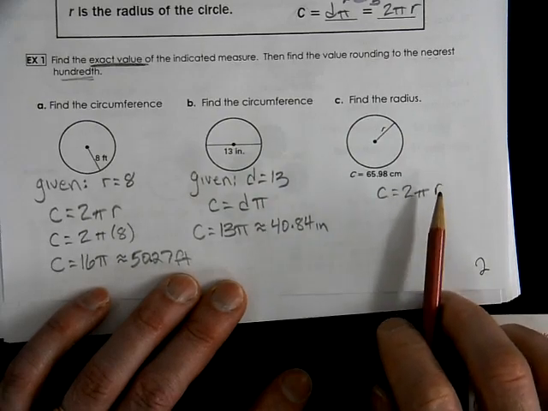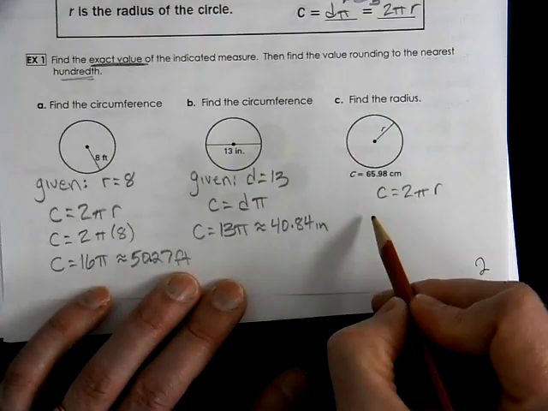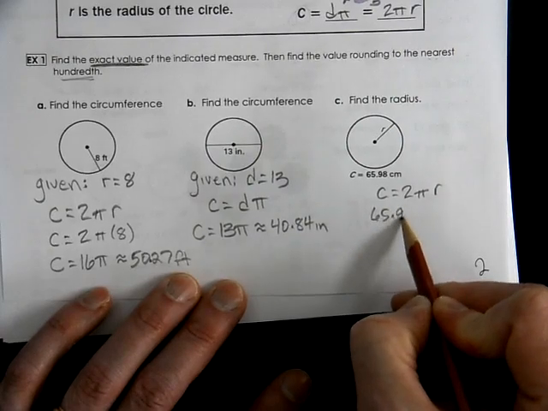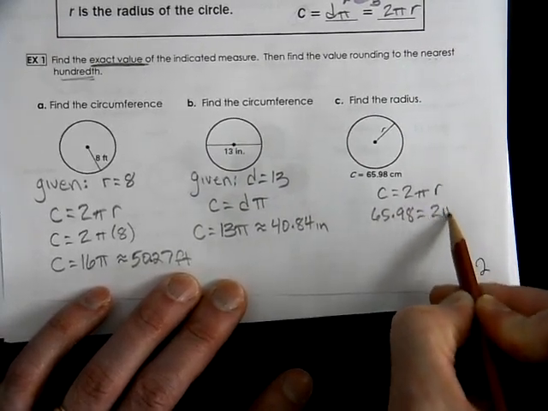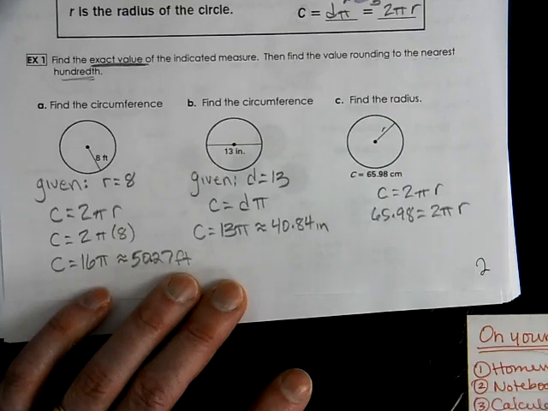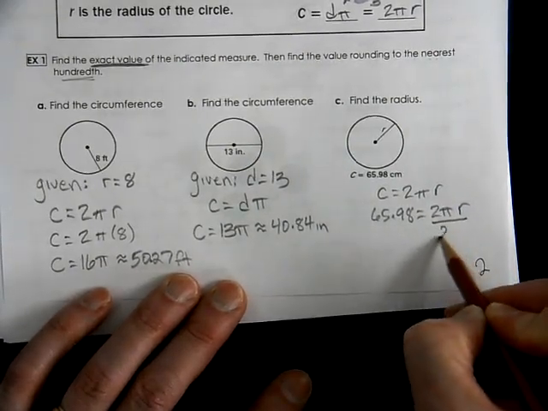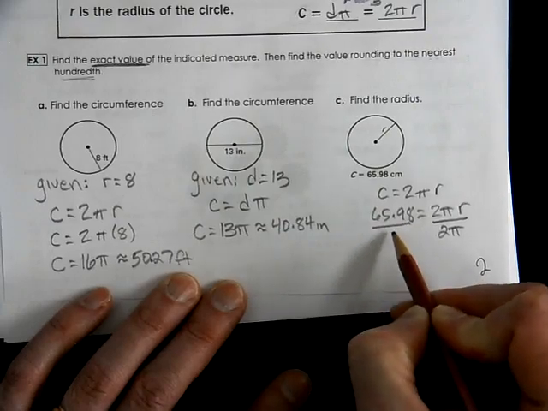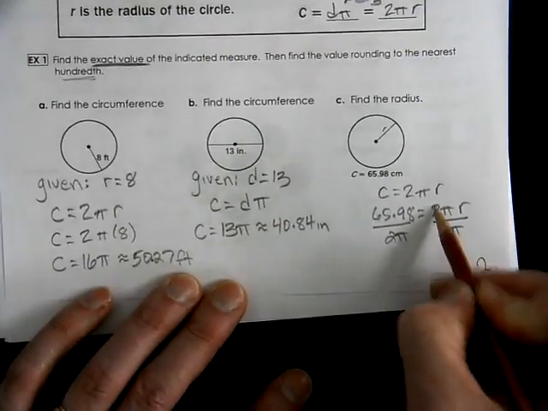Now we just need to solve for r. 65/98 equals 2 pi r. You can handle this a couple different ways. You can divide by the 2, then divide by the pi. That would be just fine. Or you can divide by 2 pi. But there's a mistake that's typically done in this.